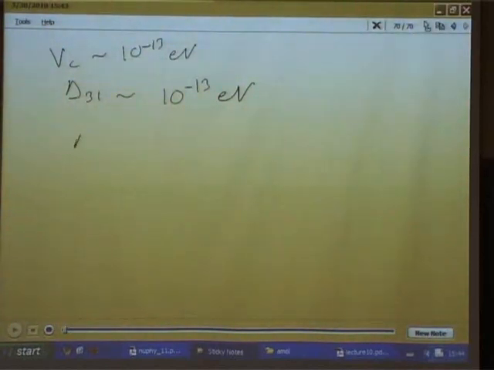So this is delta m²31 divided by 4E, which is 10 power minus 13 electron volts. Now let's see what the energy is.